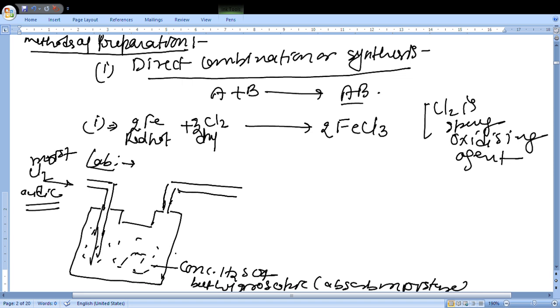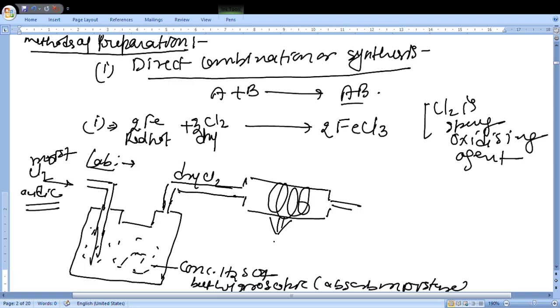So we will get dry chlorine, and then this dry chlorine is passed through red hot iron filings. These are red hot Fe filings, right?